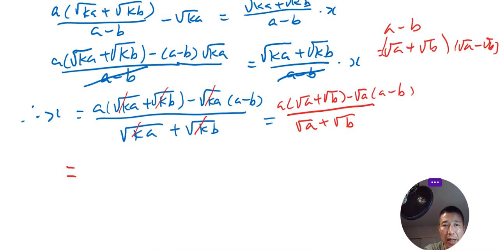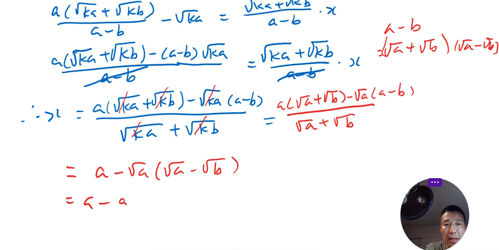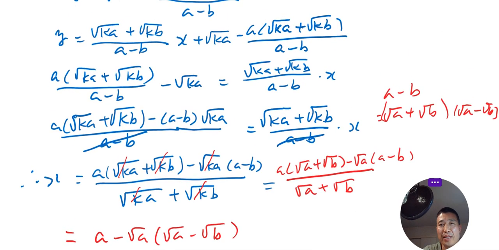So what is left is a minus the square root of a, and the square root of a minus the square root of b, isn't it? Right? So if I expand, a minus the square root of ab, beautiful. So a is gone. Oh, sorry, it's plus, isn't it? So the square root of ab.